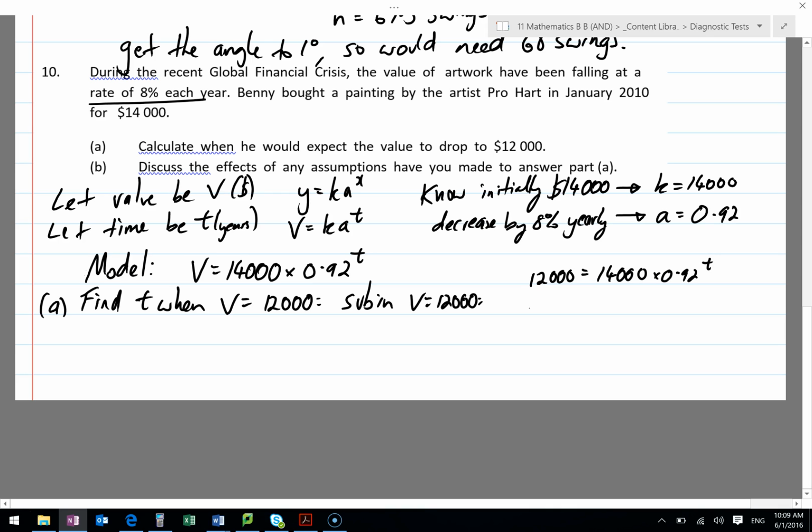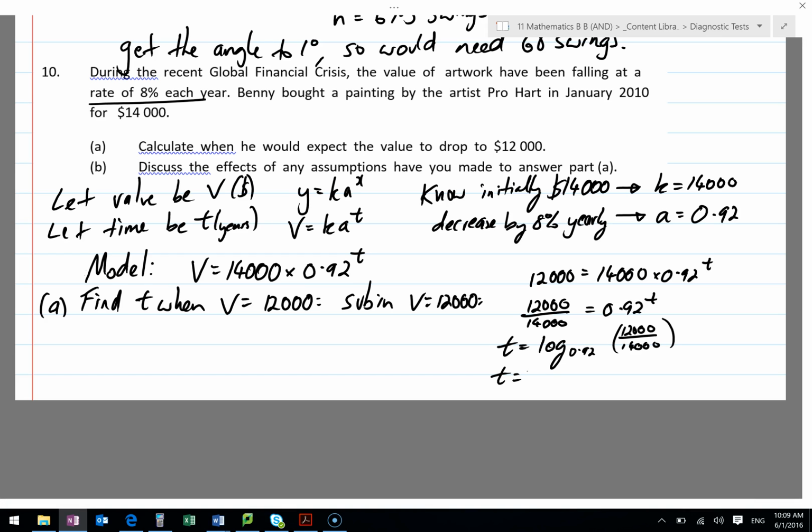Okay, and then I'm just solving for t. So similar to the problem above. Okay, and then get t by itself using logs.